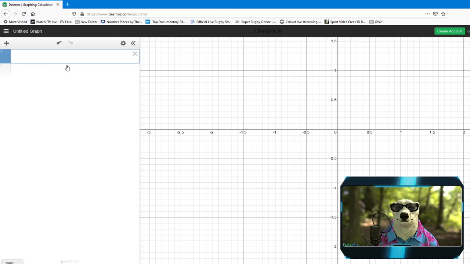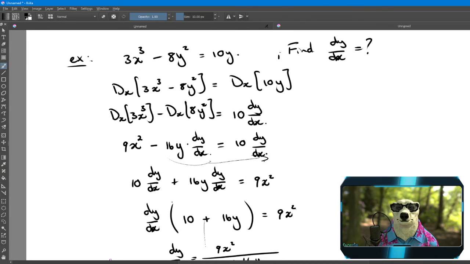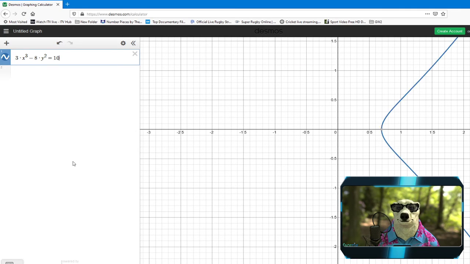Okay, so that works. I think I was pressing something at the same time. There we go. Minus 8y squared. I think it needs the times. 8 times y squared equals 10 times y.